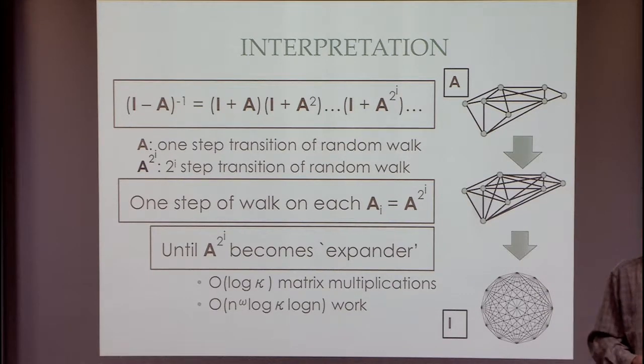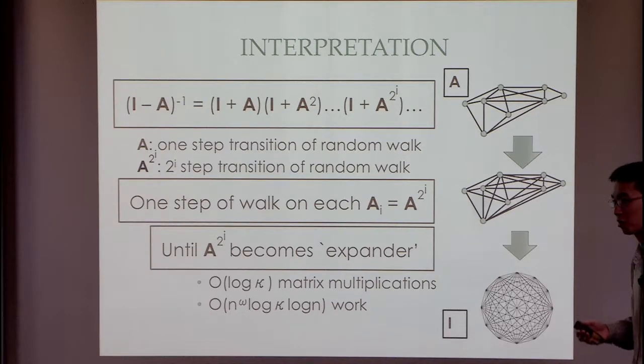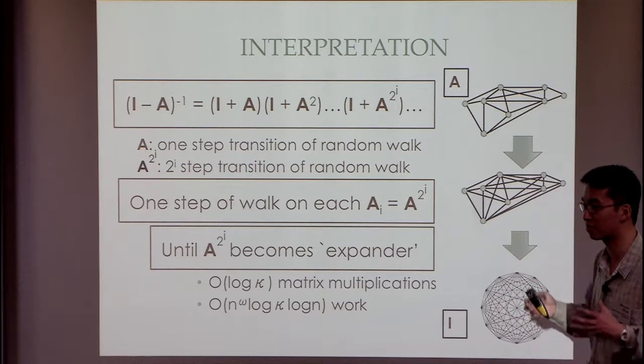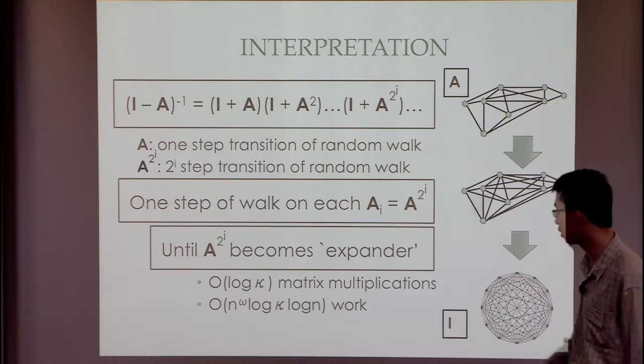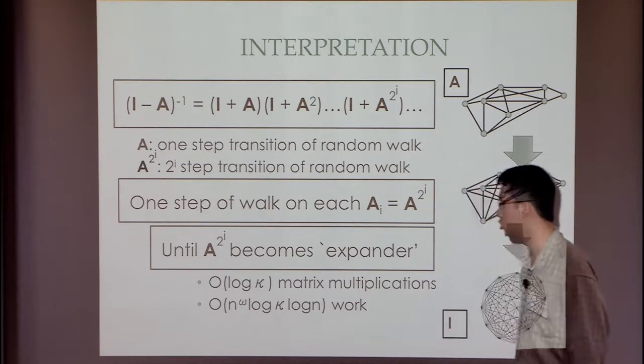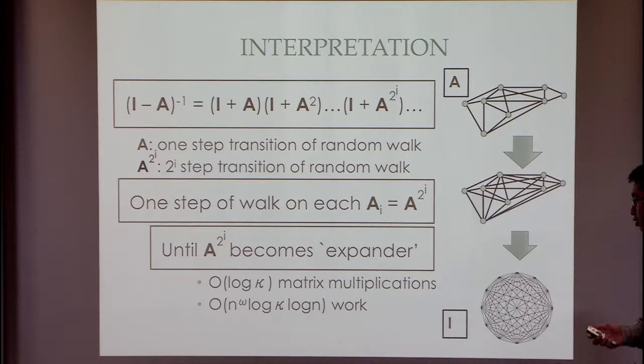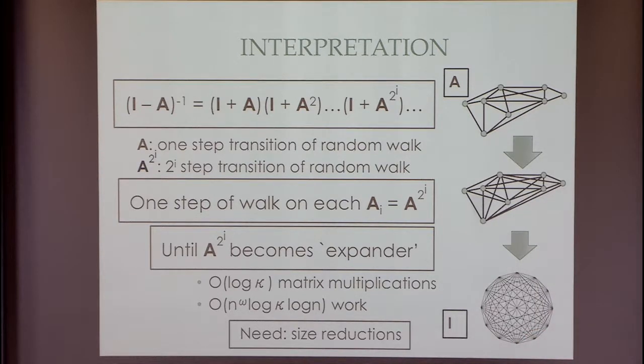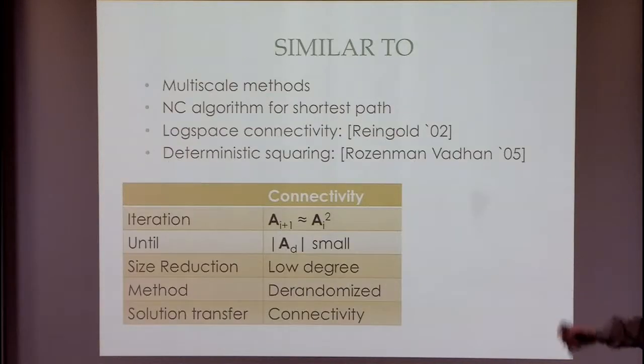The issue, though, is that because I'm starting to square matrices, these things become very dense. Squaring is one of the big taboos in numerical methods, because you quickly generate very dense matrices. So the work of this method naively is going to be n to the omega times polylog factors. And what we're going to show next is that this mixes fairly nicely with size reductions.